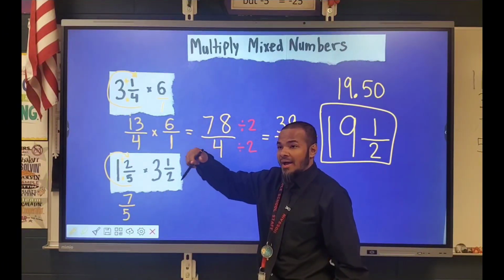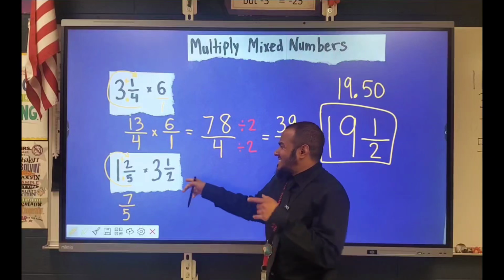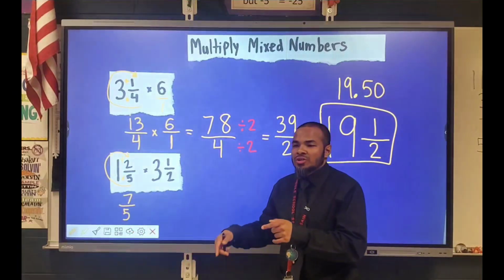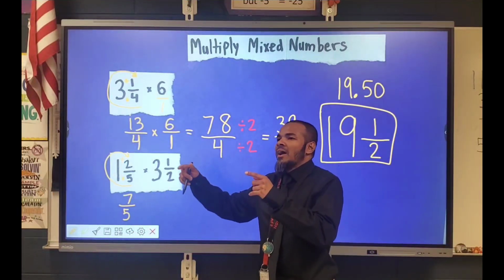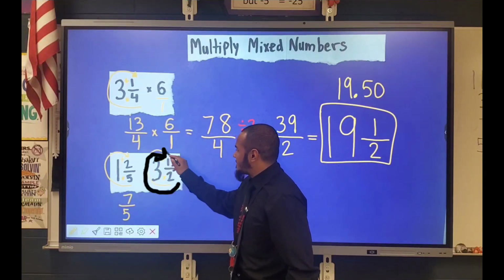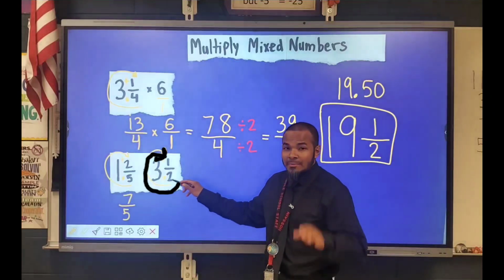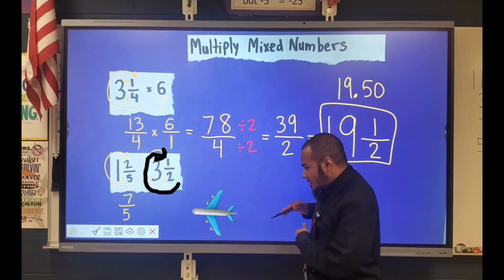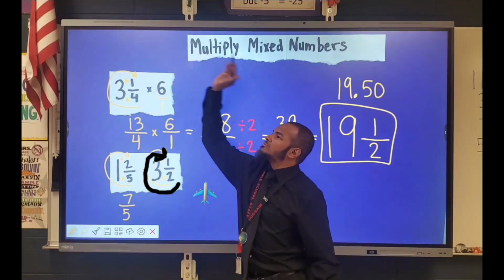So the first number, I turned it into a fraction. The second mixed number, I'm also going to turn it into a fraction. So I'm going to do dot, plus, and then fly to Texas. And again, we start at the bottom because that's where the airplane starts, right? And takes off.